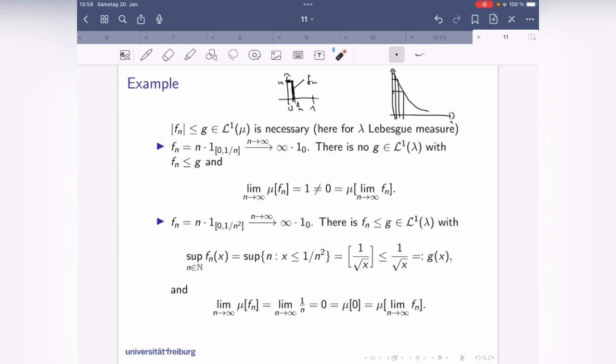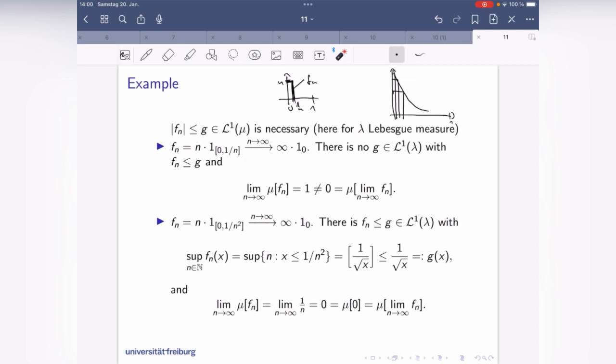So the only function which would be greater than all the fn's would have to grow here like 1 over x. And 1 over x is not integrable at 0. So you cannot find this g here. And, well, we had that this here is 1, and the limit integrates to 0. So the conclusion of dominated convergence really also does not hold.